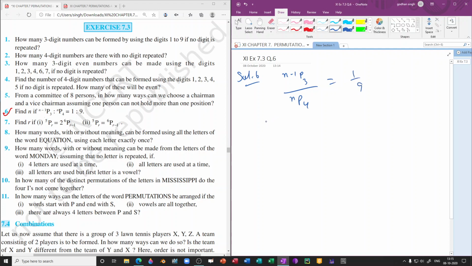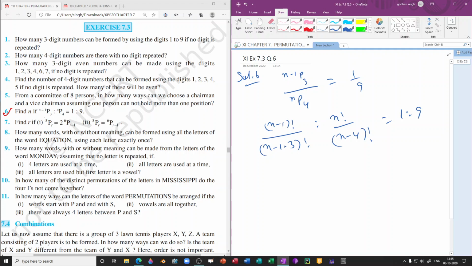So applying the formula of nPr, we will be getting n minus 1 factorial over n minus 1 minus 3 factorial, and this will become n factorial over n minus 4 factorial equal to 1 ratio 9.